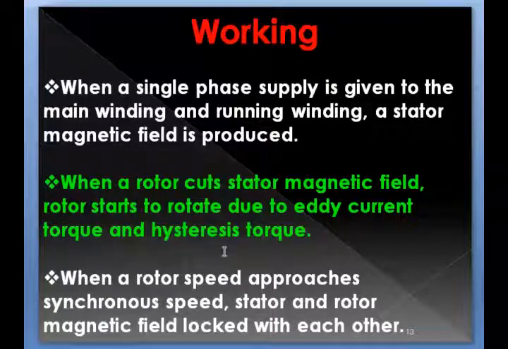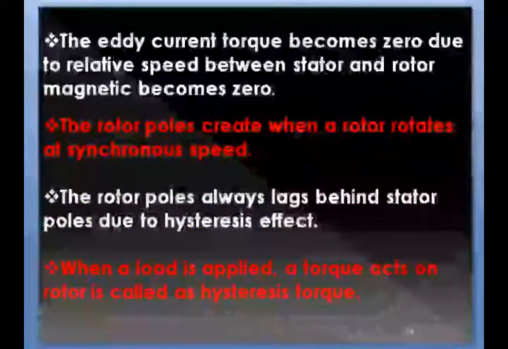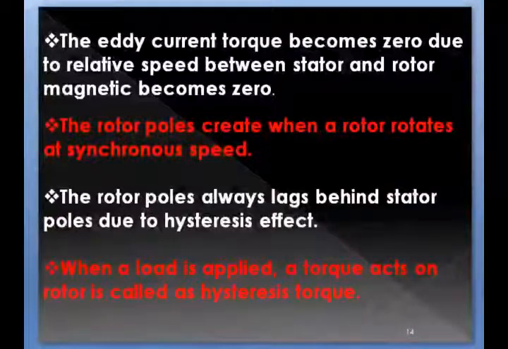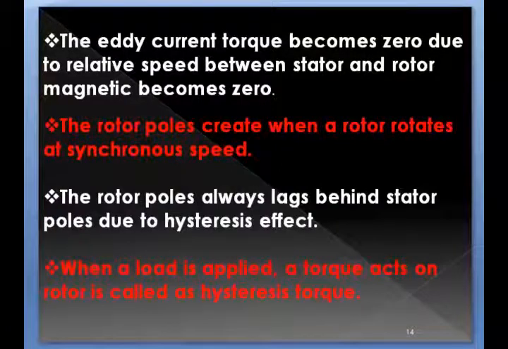When the rotor rotates and achieves nearly synchronous speed, then the stator magnetic field and rotor are locked together. When the rotor gets synchronous speed, the relative motion between stator and rotor will be 0 and the slip will be 0.